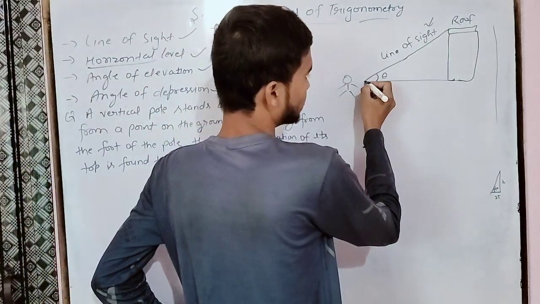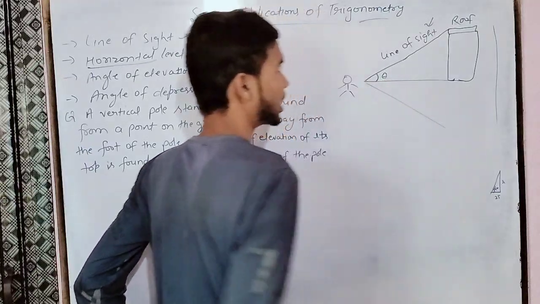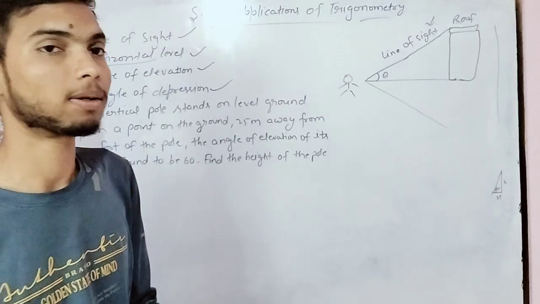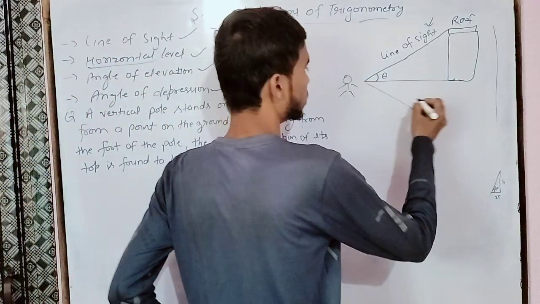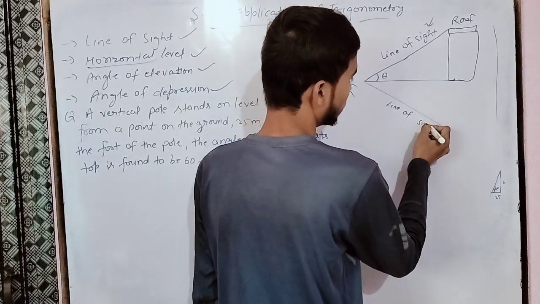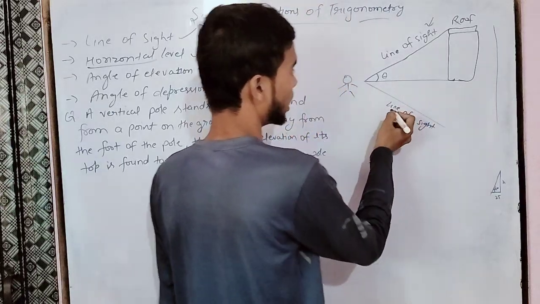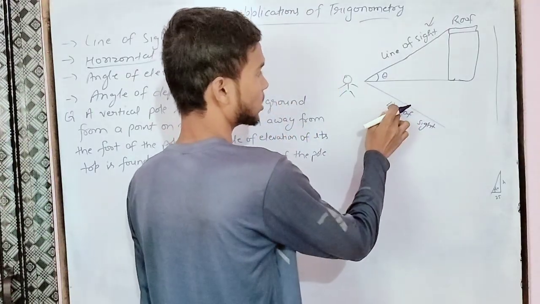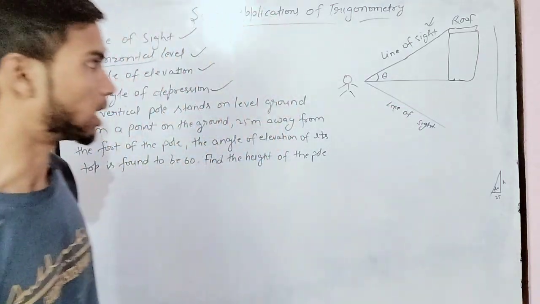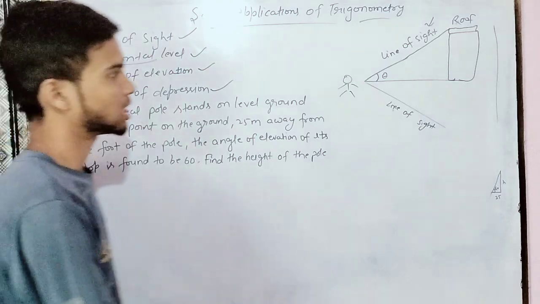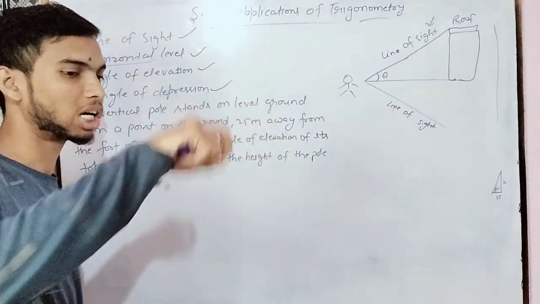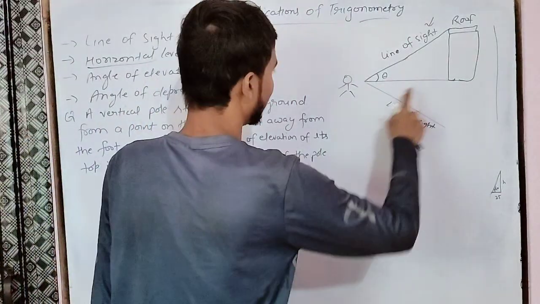Now, it is a line of sight which is downward to the horizontal. So here this is a line of sight, but it is downward to the horizontal line.